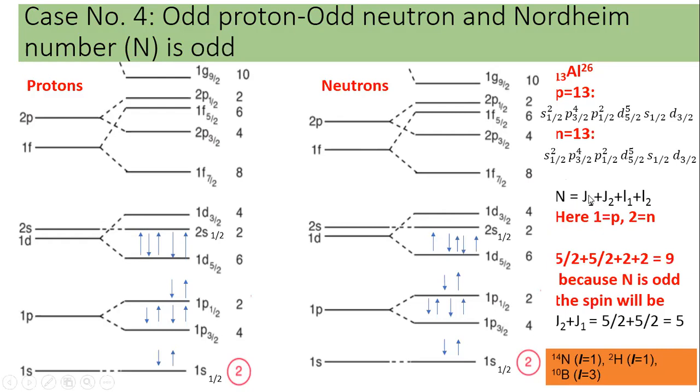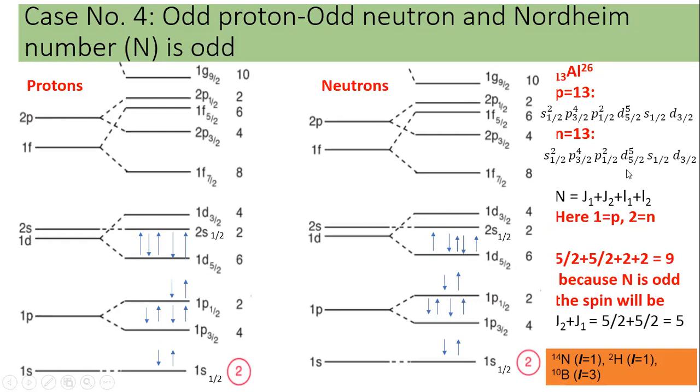So J1, let's go for the proton, and this unpaired proton is present in the D 5 by 2, and the value of J is 5 by 2. So I have written here the value of J1 is 5 by 2. In a similar way, the unpaired neutron is also present in D 5 by 2, and the value of J for this neutron is also 5 by 2.